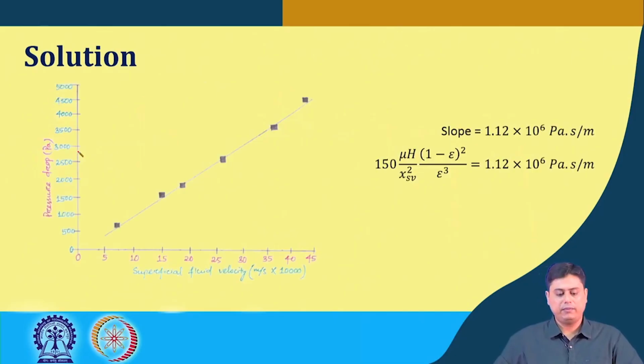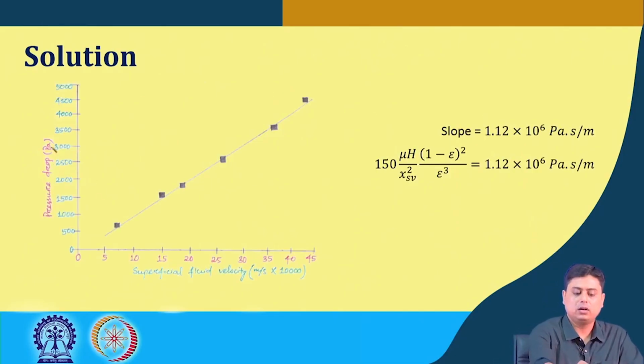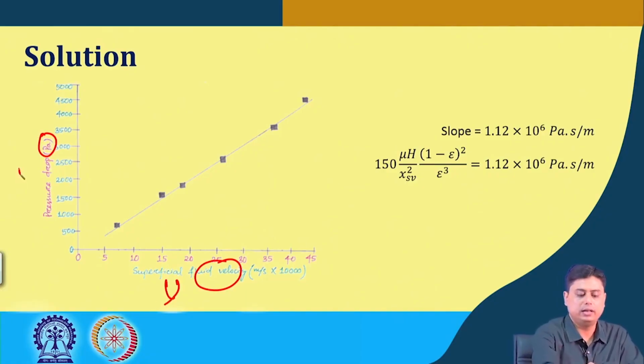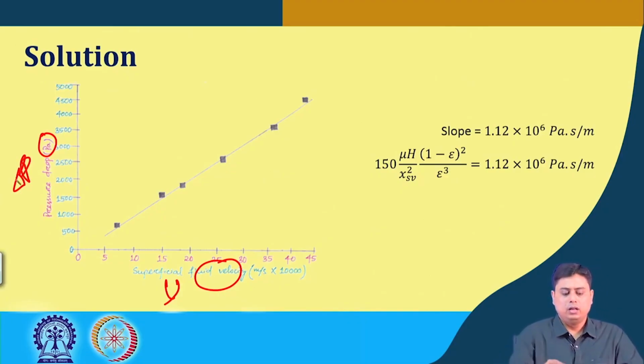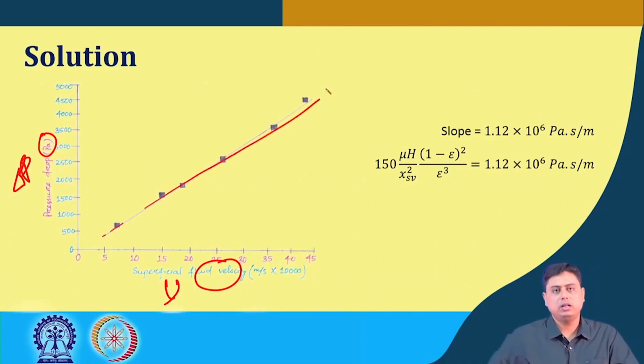This is what we have done here: the superficial velocity capital U versus delta P is plotted, and we see these points can be fitted with a straight line, which establishes that the variation of pressure drop with superficial velocity is linear, so the region is laminar.